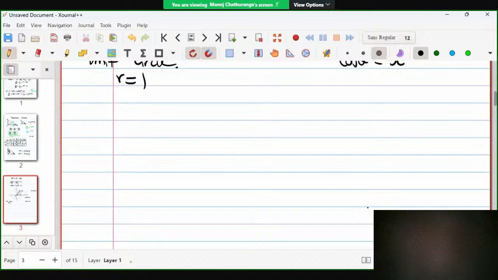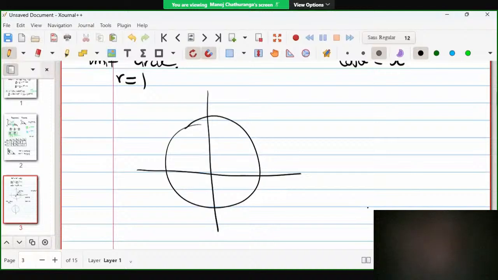Once we made this choice, we can actually extend this idea of sine and cosine values for angles in the range outside of this interval of 0 to pi by 2. For example, let's say I want to talk about the sine and cosine of an angle of 120 degrees. So that means 2 pi by 3. Now, I can draw this unit circle.